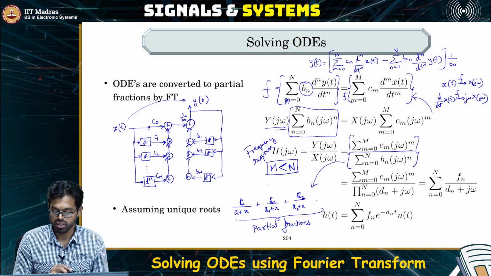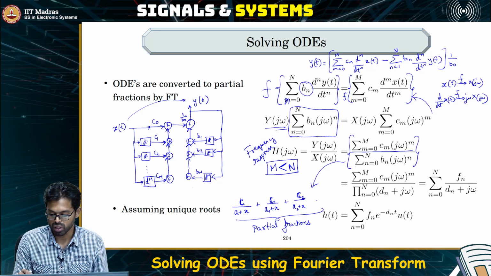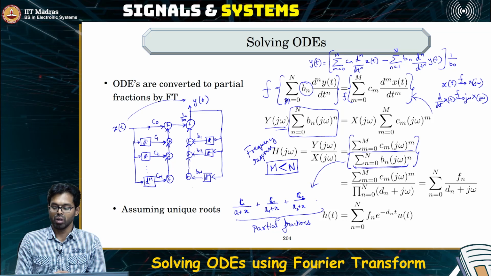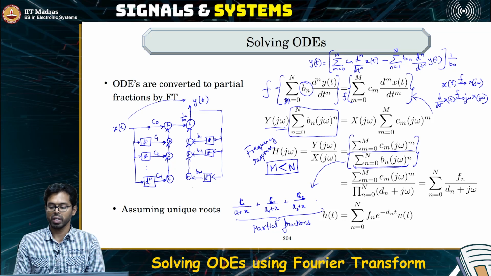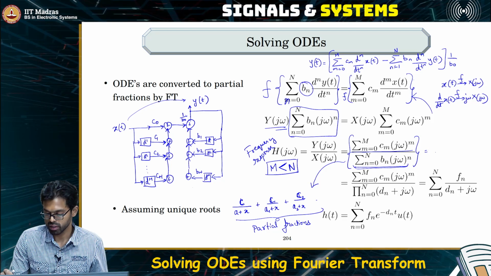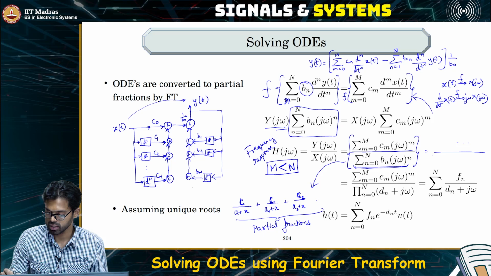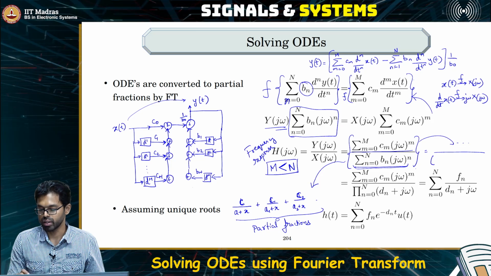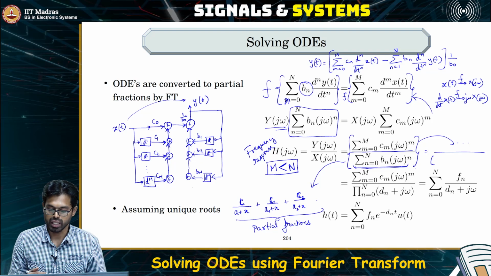If we make this assumption, the first step is to find the roots of the denominator polynomial. Let us say the roots are minus dn, then we can write this expression with the numerator here as such. The denominator we can express in terms of its roots.